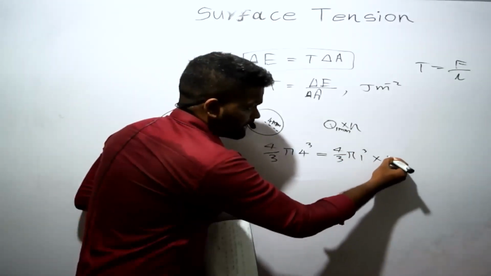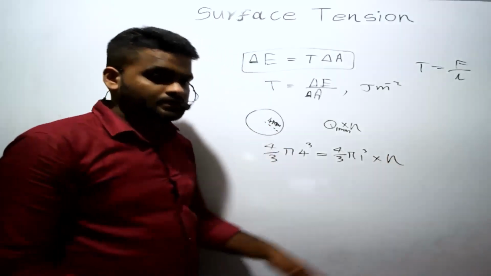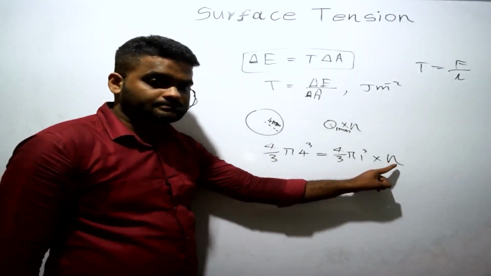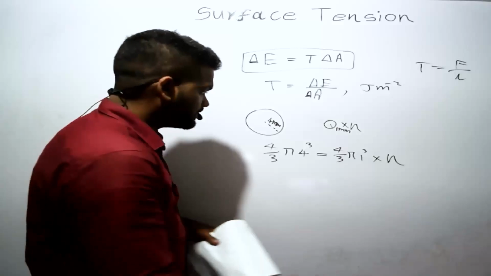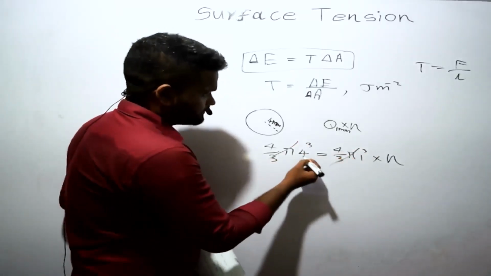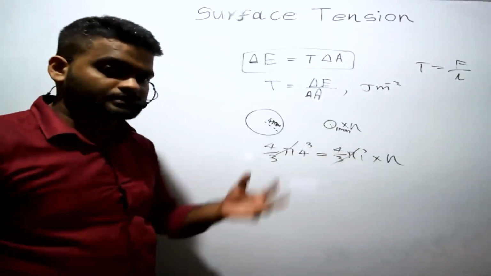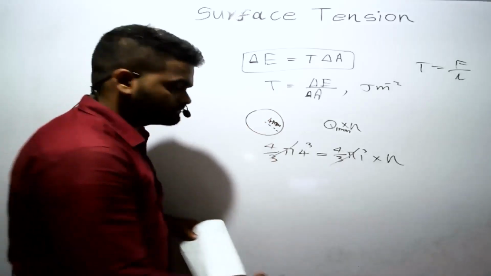So how many do we have? Simple n. Okay, 4 over 3 cancels off. 4 to the power 3 is what? 16, 64.